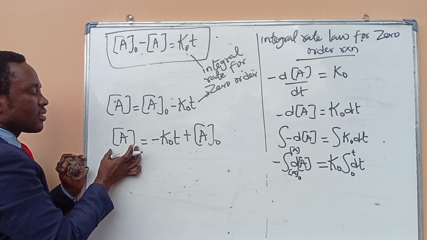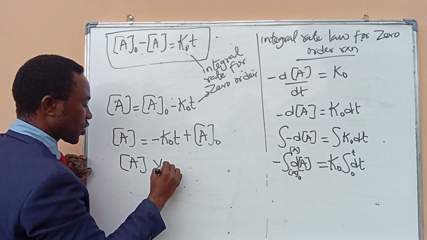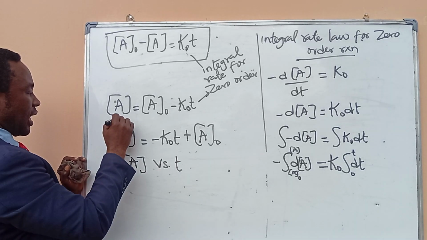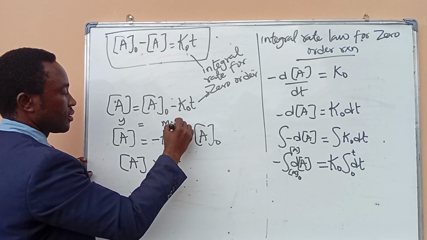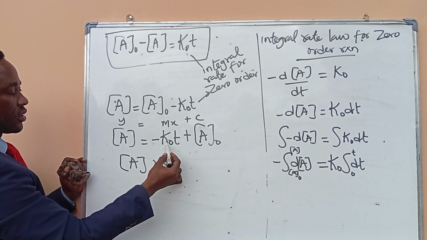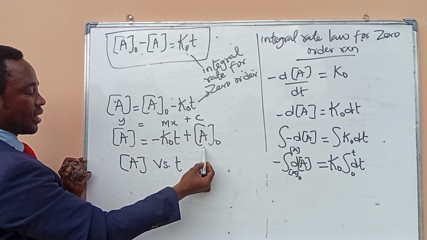If I want to get a graph of final concentration versus time, it's just like y equals mx plus c. m is the slope, and c is the intercept.